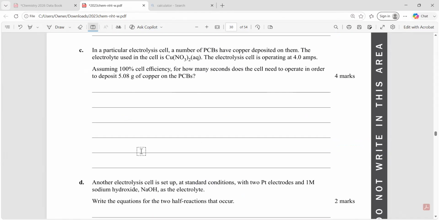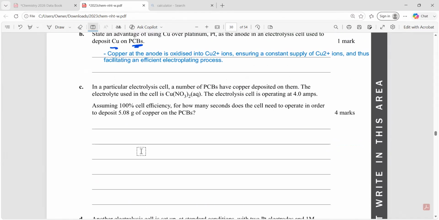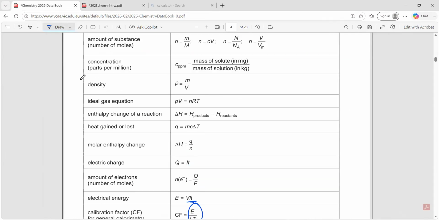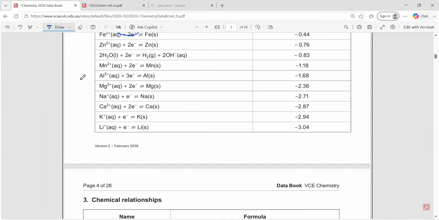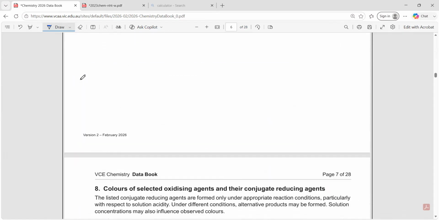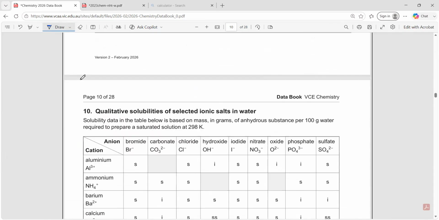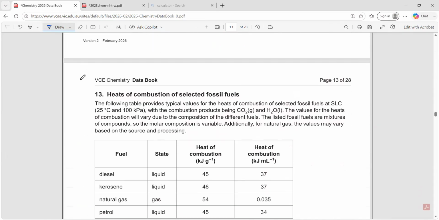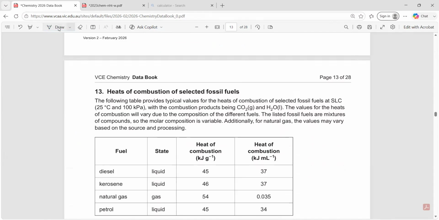All right, stock standard. Copper is 63.5.